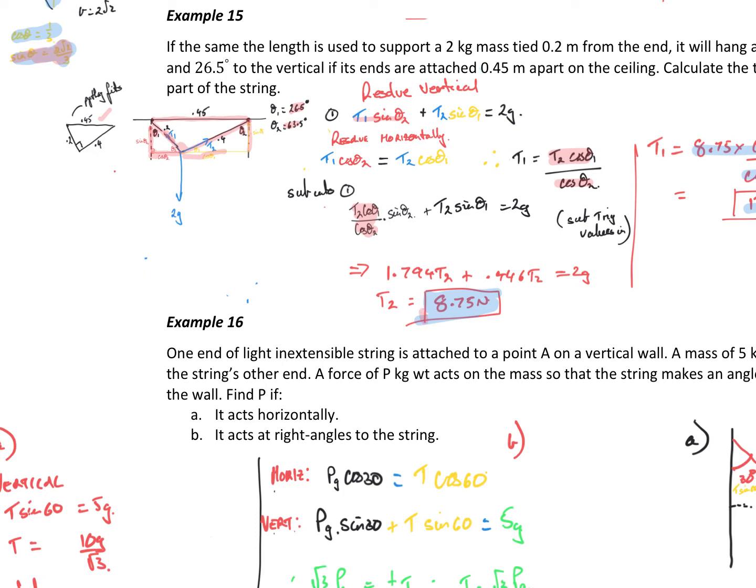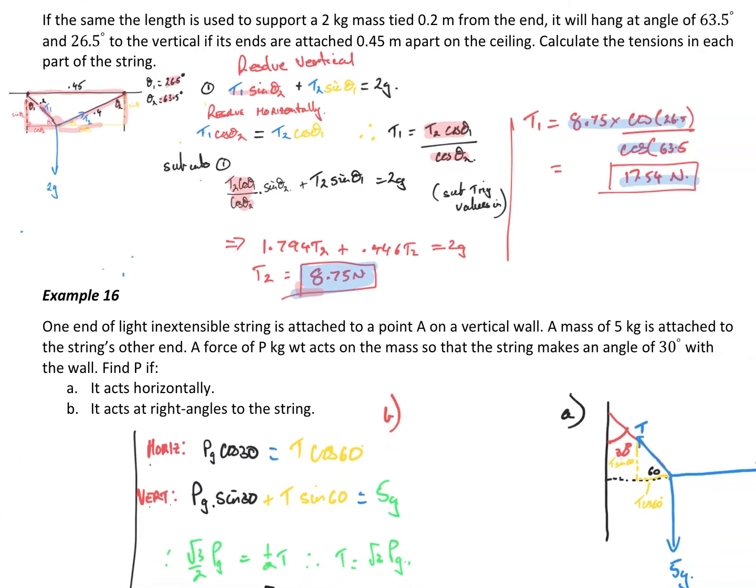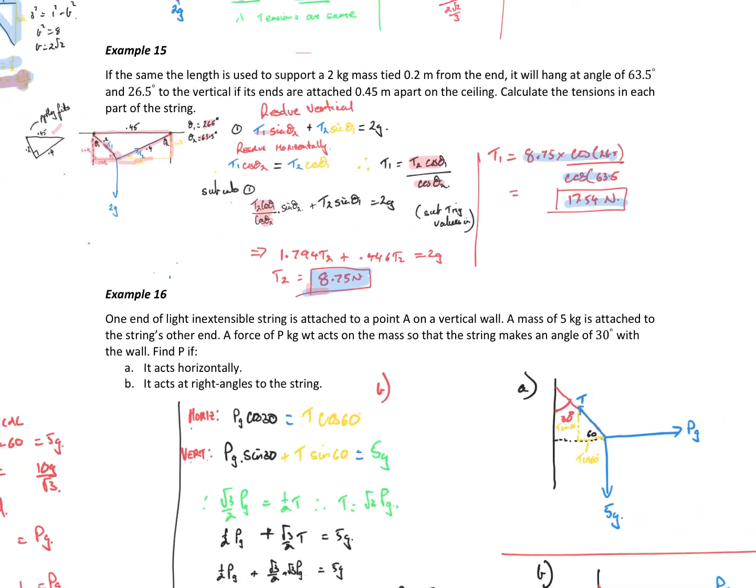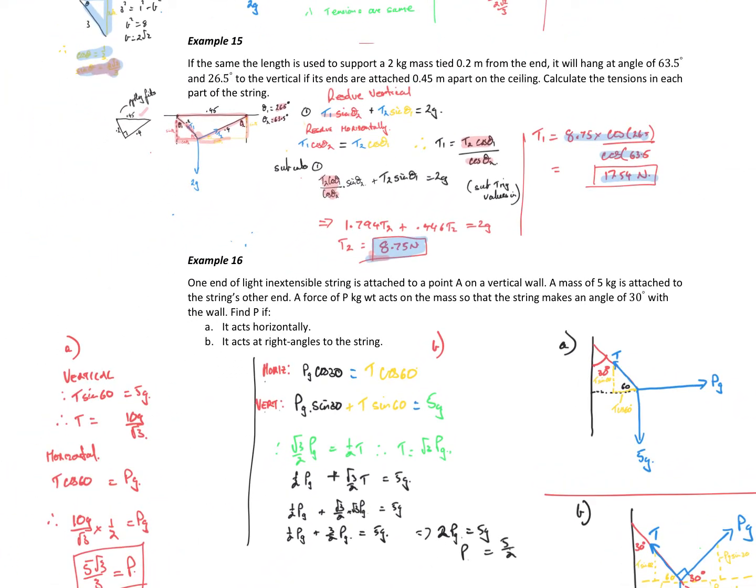And we soon find out that the tension in the string T2 is 8.75 newtons. Obviously, if I substitute the values then in for T1, I can get the tension in string 1 is 17.54, which is maybe twice as much. So given it's the same string, T1 is taking twice as much force. So you might expect it to break there, I guess, initially.